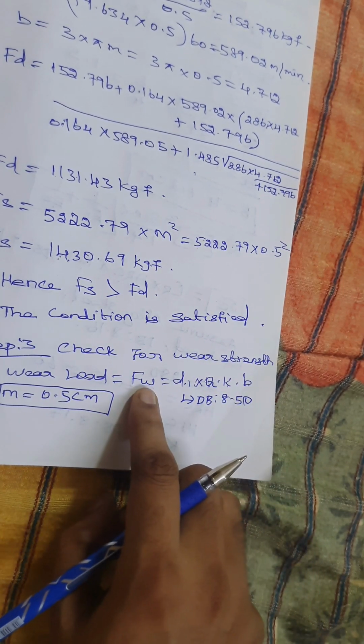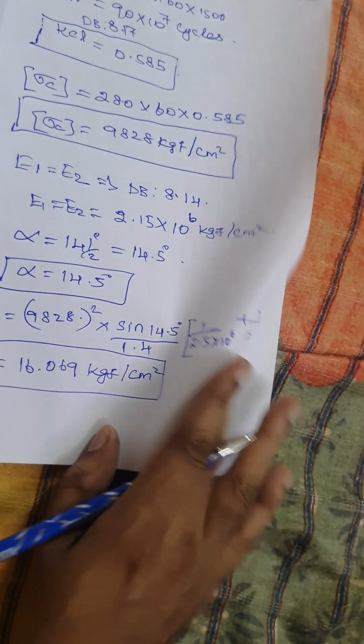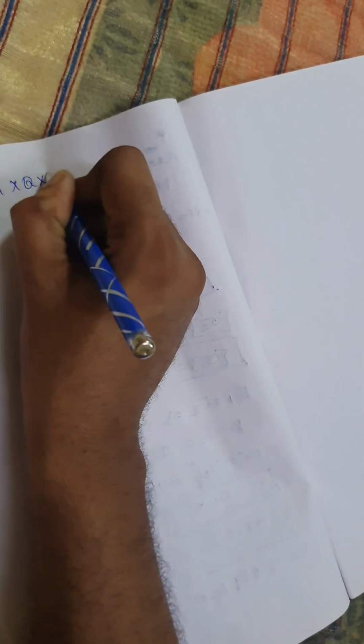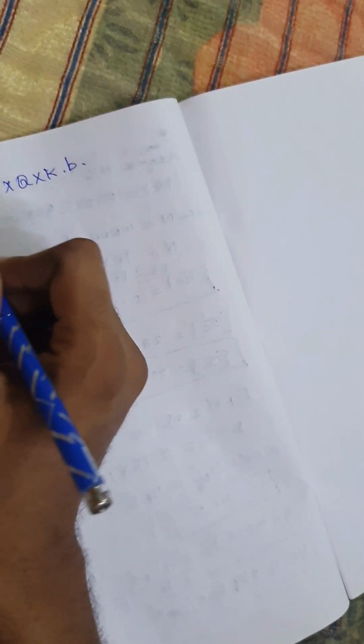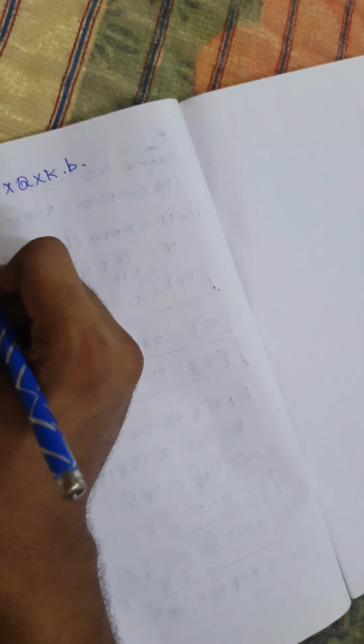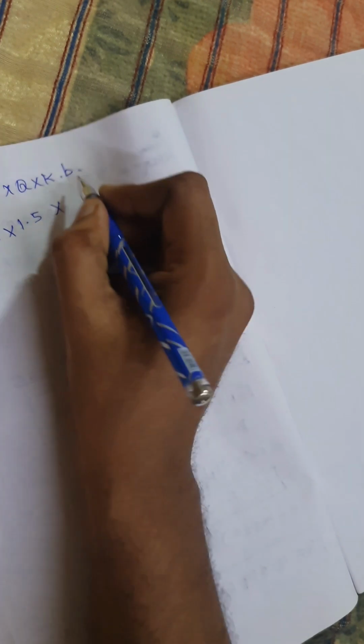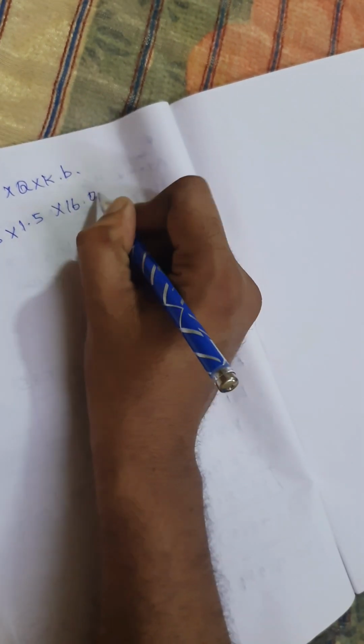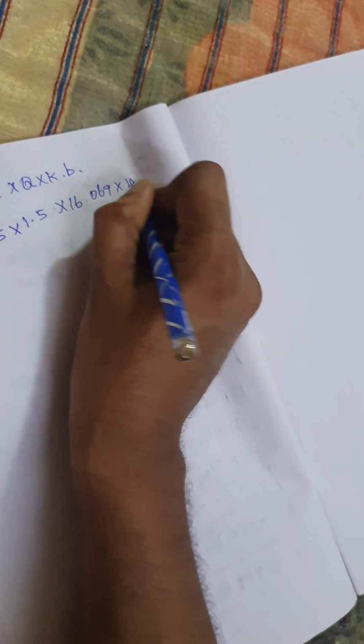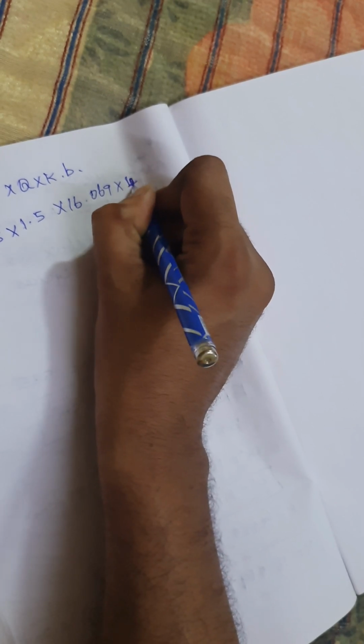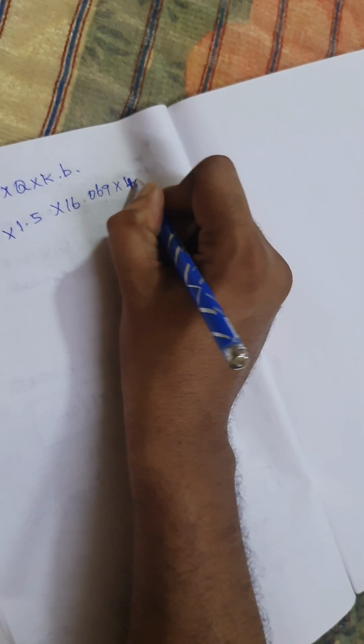So F of W is equal to D1 into Q into K into B. Those values are 12.5 into 1.5 into 16.069 into 4.712.